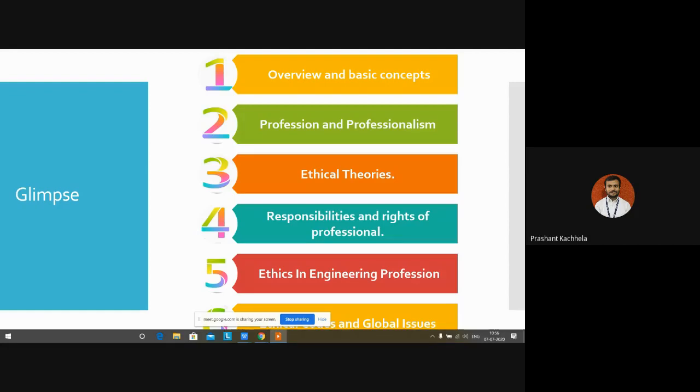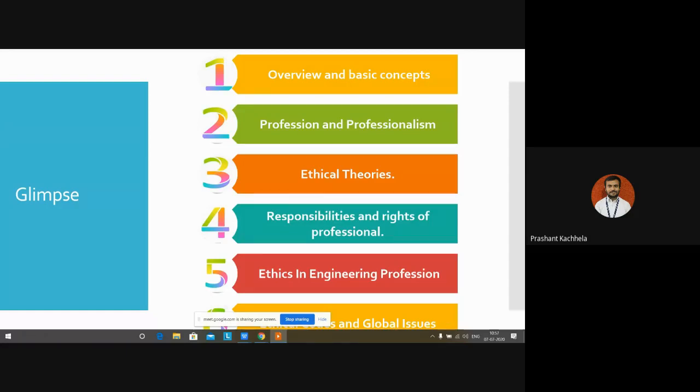The fifth module deals with ethics in the engineering profession. As an engineer, we know that engineers are directly related to the society's benefit. Whatever action, whatever product, whatever process is made by the engineer is directly related with society.